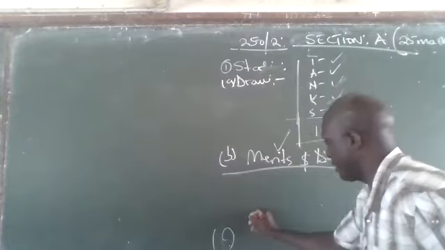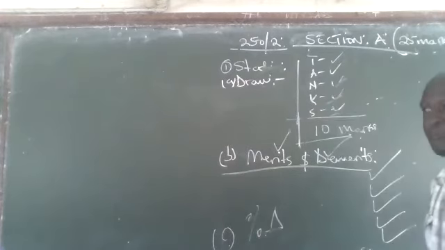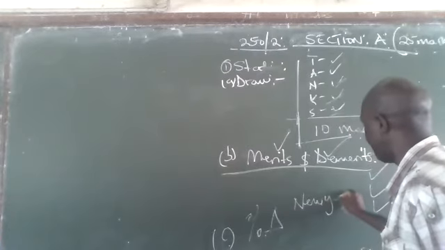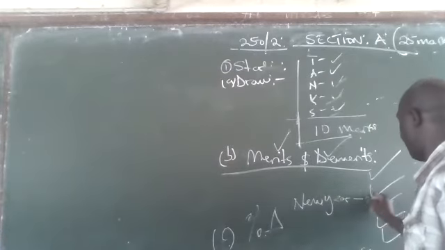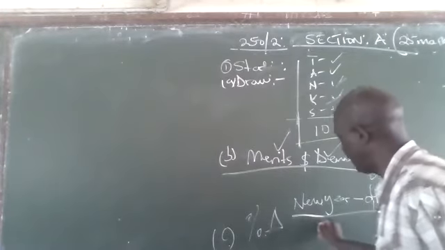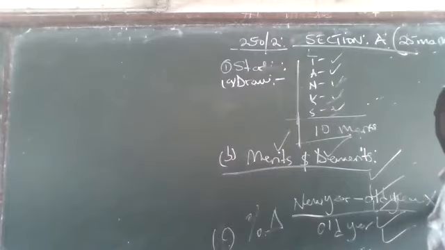So where we said how to calculate the percentage change. We said the formula is new year minus old year, out of the old year, times 100.